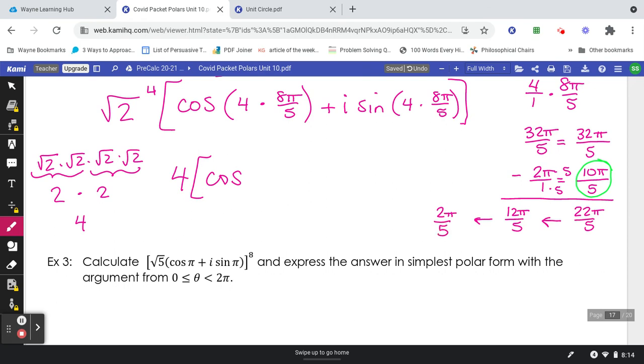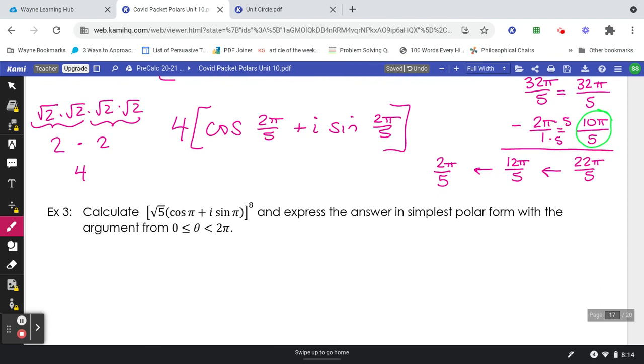And 2 over 5 is small enough. That's 0.4 in the calculator. So we'll write our final answer as 2 pi over 5, i sine 2 pi over 5. And there we go. It's just a couple little extra steps that you'll need to do at the end.